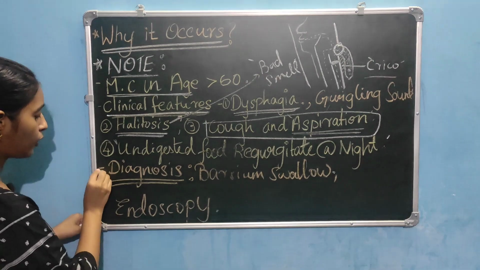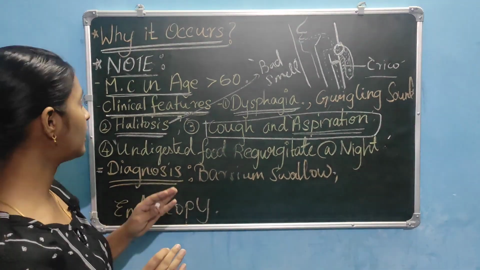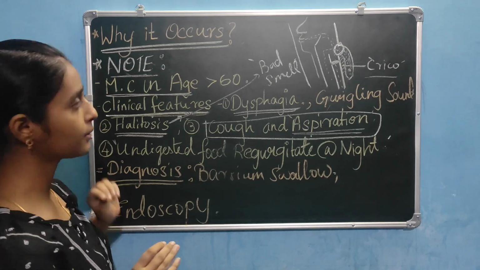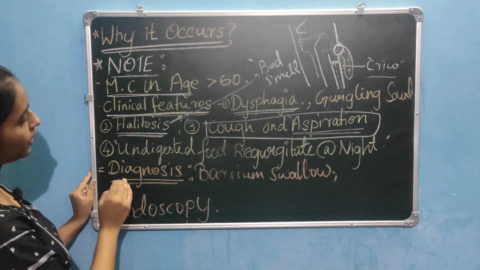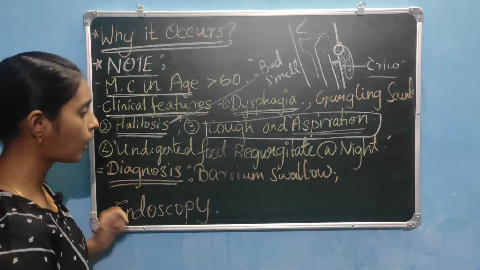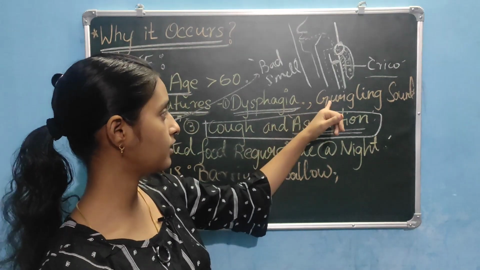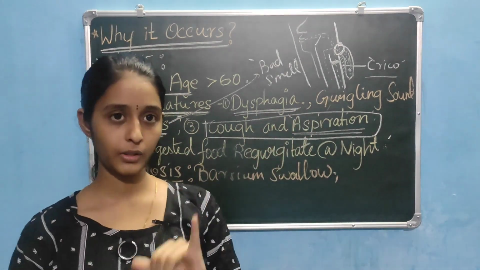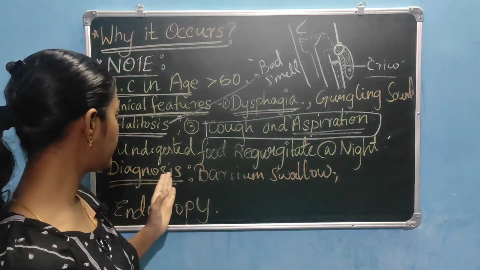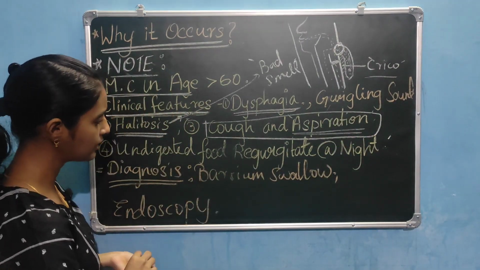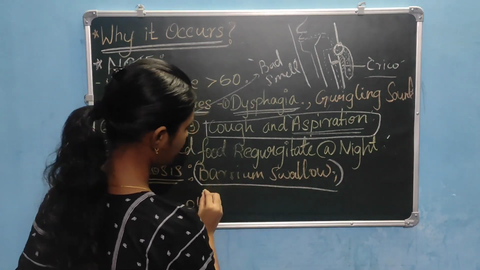Next, we go for the diagnosis. We are done with why it occurs. I told you some important notes and the clinical features. Now it's about diagnosis. How do we find it? The gargling sound is an important sign, which can be detected by palpating. And the most common diagnostic test is barium swallow.